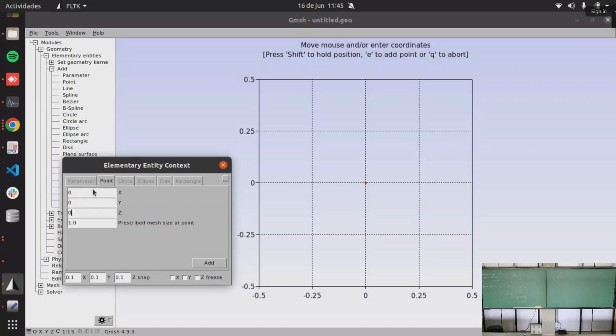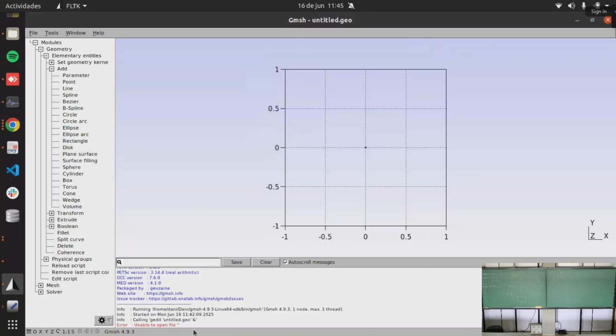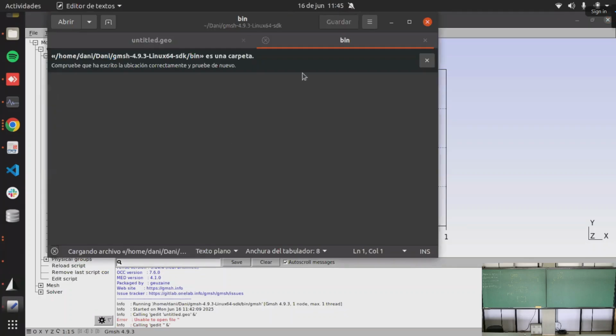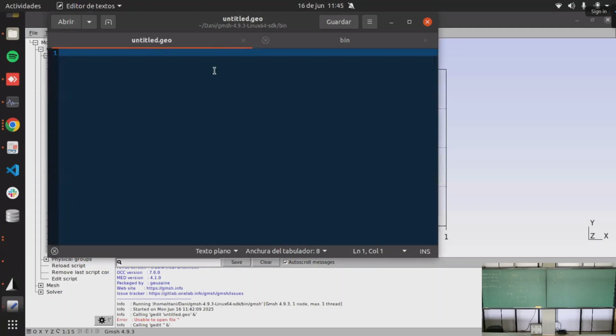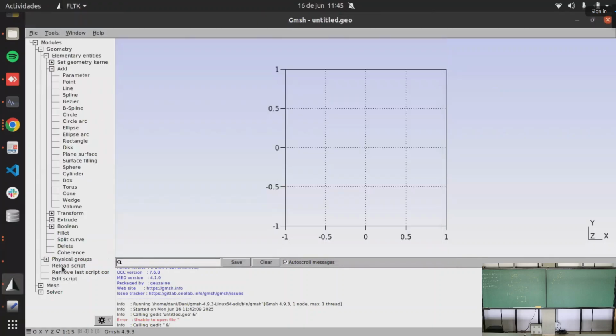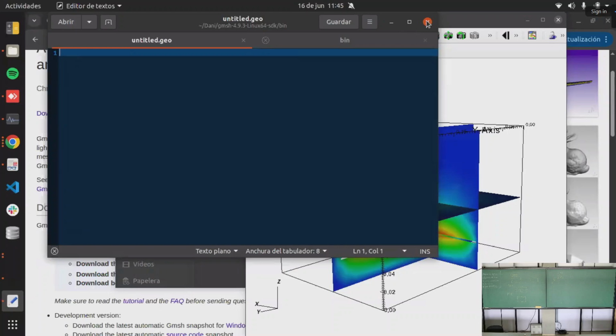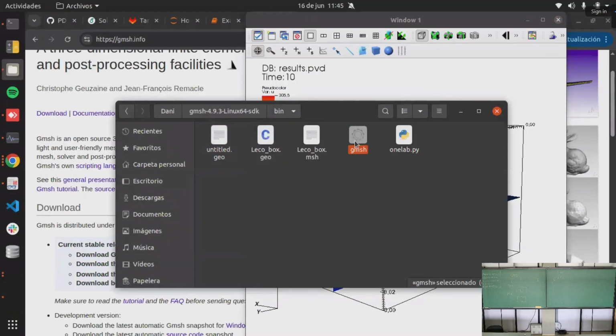I will make only a square in the XY plane. So I will start. Okay, what happened? Sorry about it.